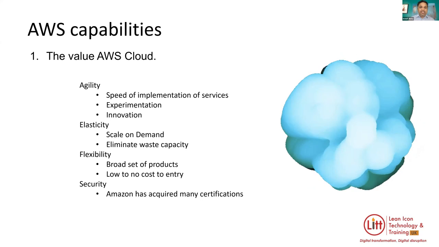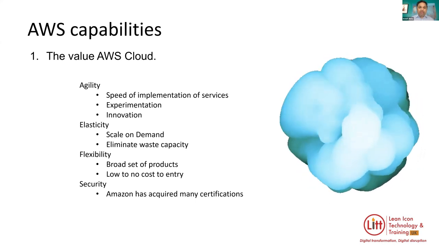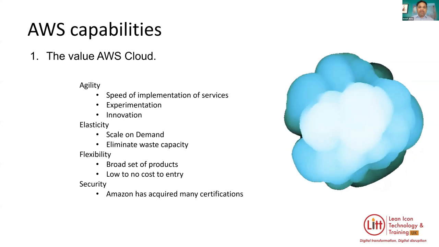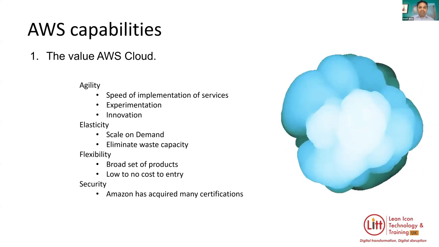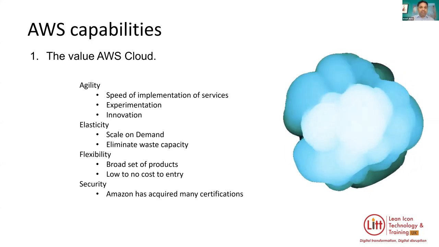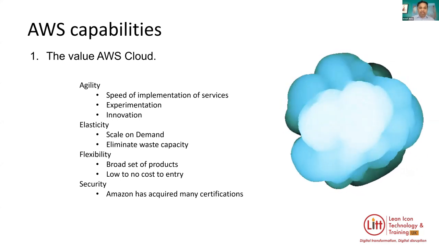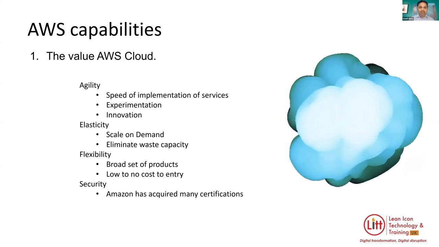Previously, when you had data centers, you used to maintain a lot of infrastructure on your own. If something changes in your business, it takes a lot of time to adjust your systems to bring your product into the market. Here in AWS, it's just one click to set up a server.